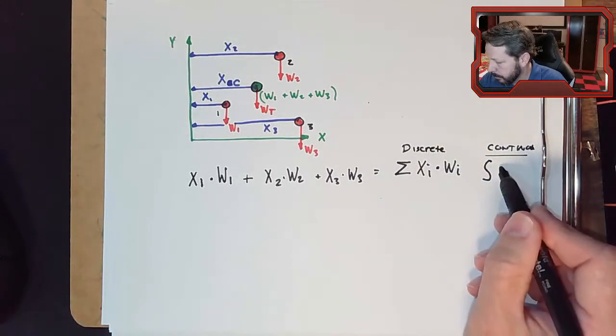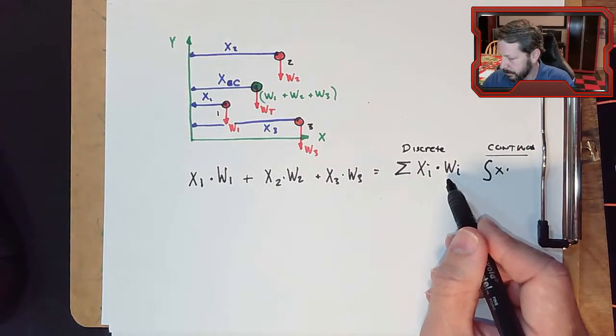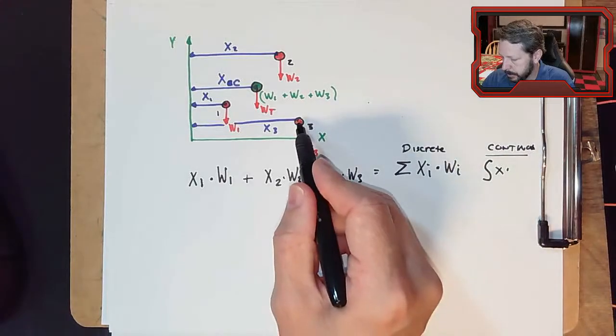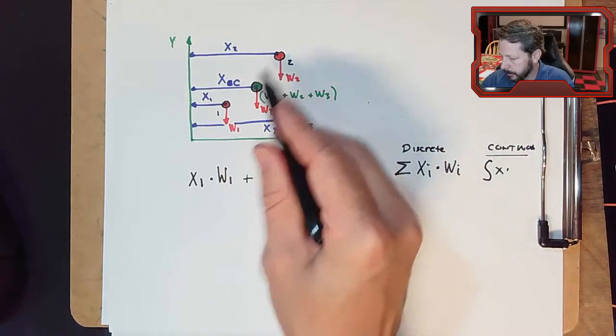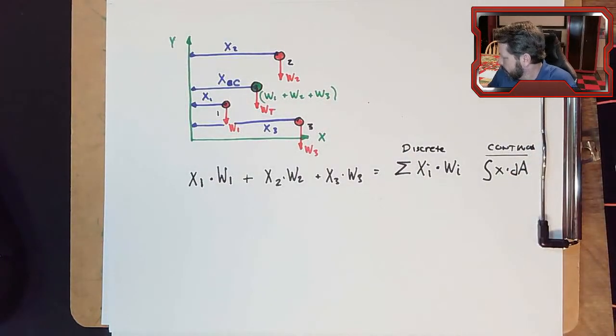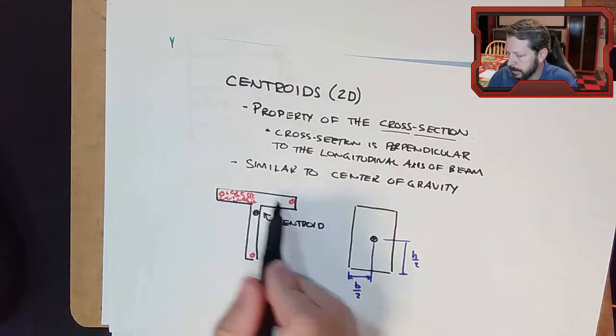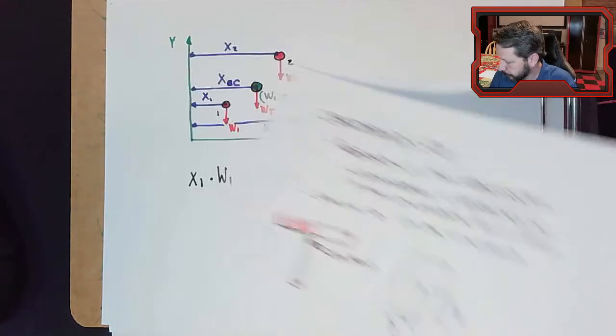Now, we're not actually integrating over the weight, though. This weight, remember, is really just a 2D area. So we're actually integrating over the area. So I'm going to put a dA in the integral sign. So the area of this cross section.